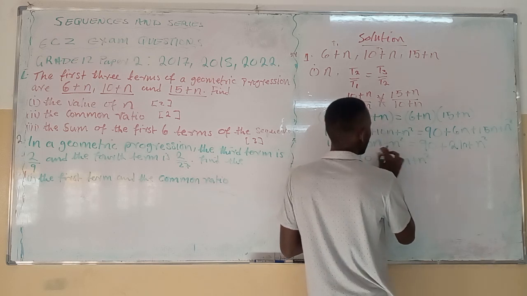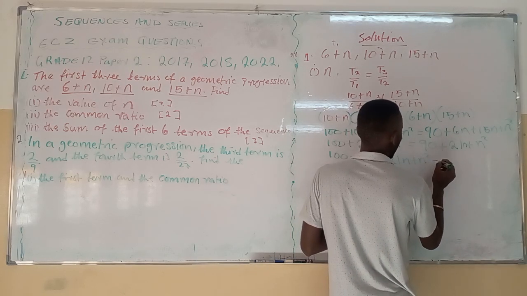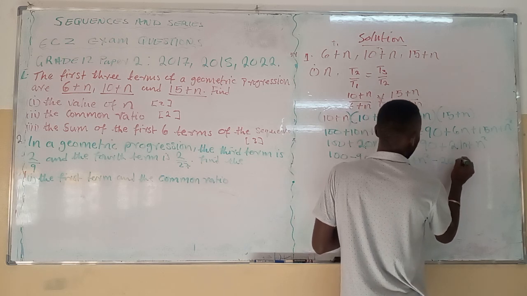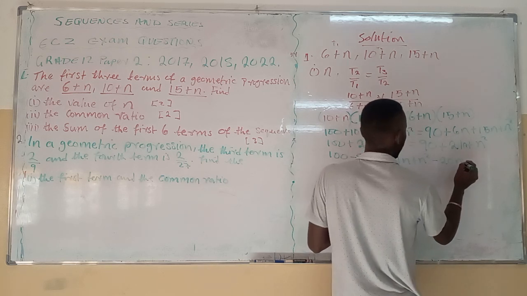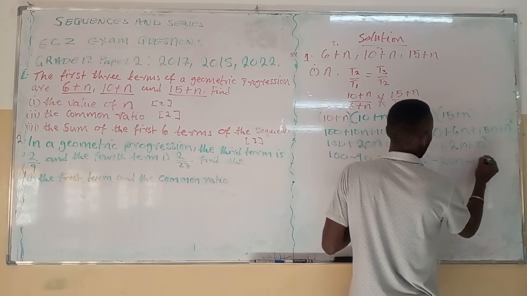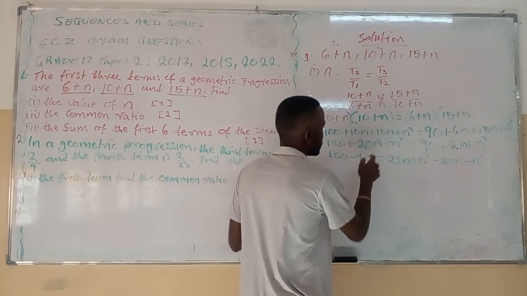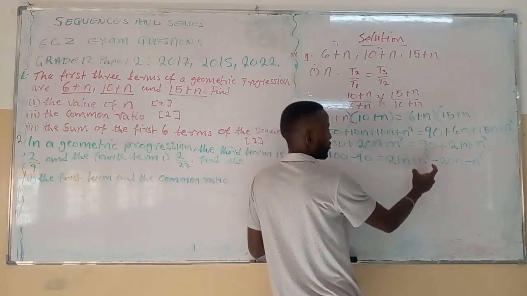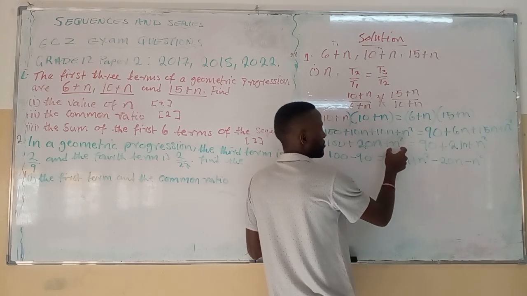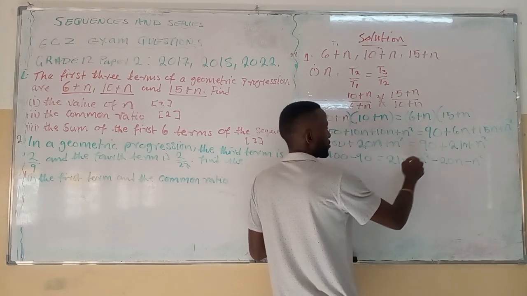Now when I get this 20 here, it will be minus 20n minus n squared. I've grouped the like terms. When positive 20n crosses the equal sign, it becomes negative. And positive n squared crosses, it becomes negative.